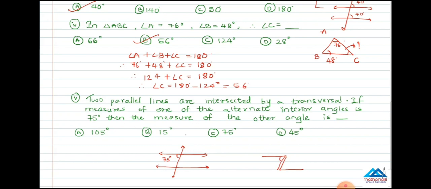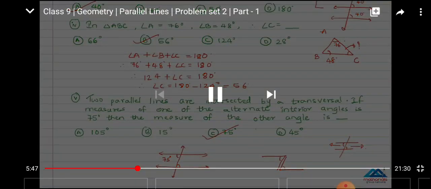One angle is 75, and we want to find the other. By the property, alternate interior angles are congruent to each other. That means if one is 75 degrees, the other is also 75 degrees. So our option C is correct, 75 degrees.